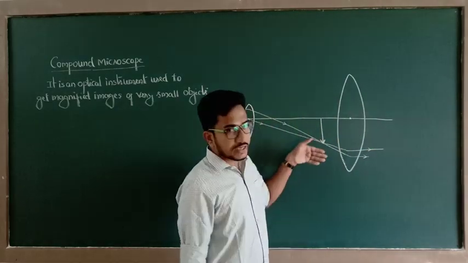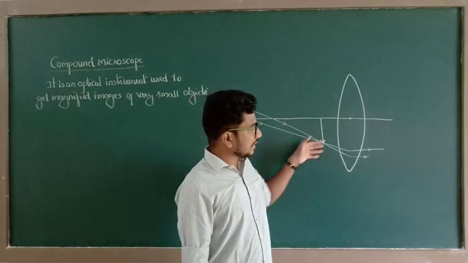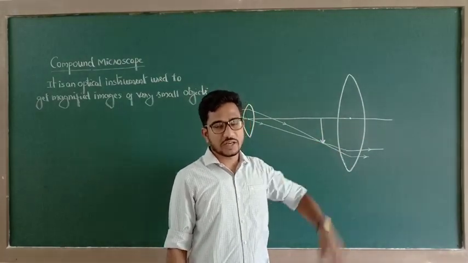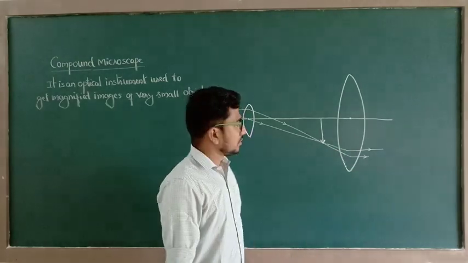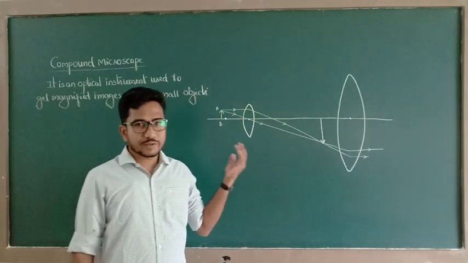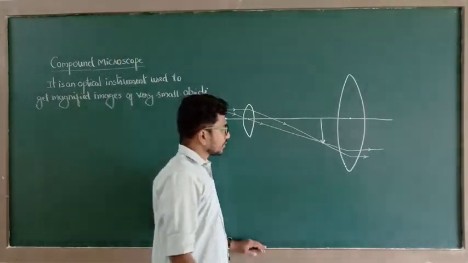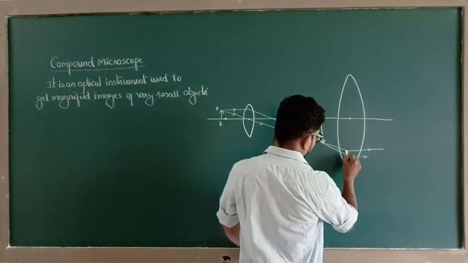So they never meet each other by extrapolating these light rays in the forward direction. So by proceeding these light rays in the backward direction, now I am going to proceed these two light rays in the backward direction.